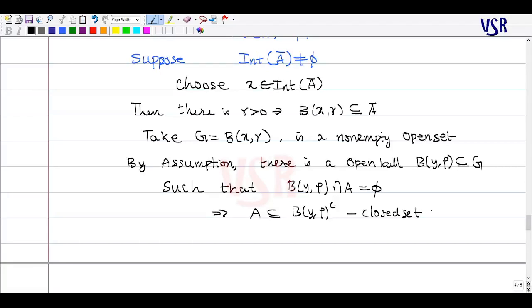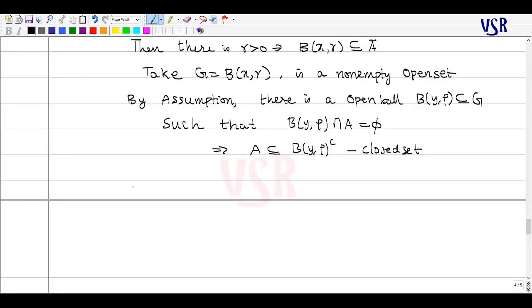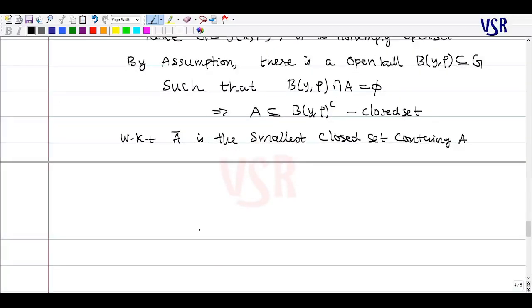And we know that A closure is the smallest closed set containing A. அப்போ A closure must be a subset of ball with the center y radius rho complement.